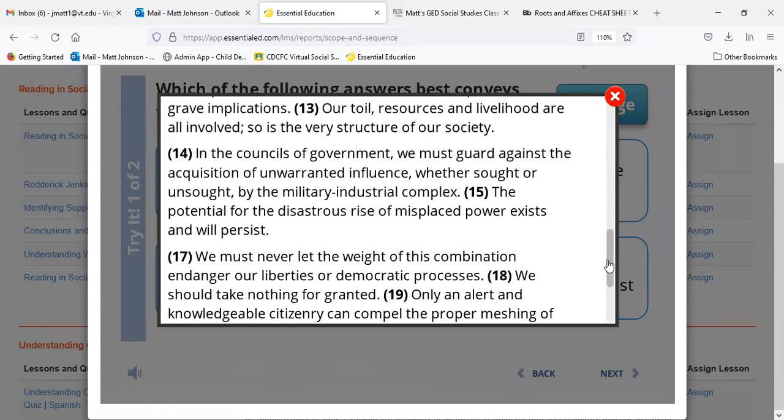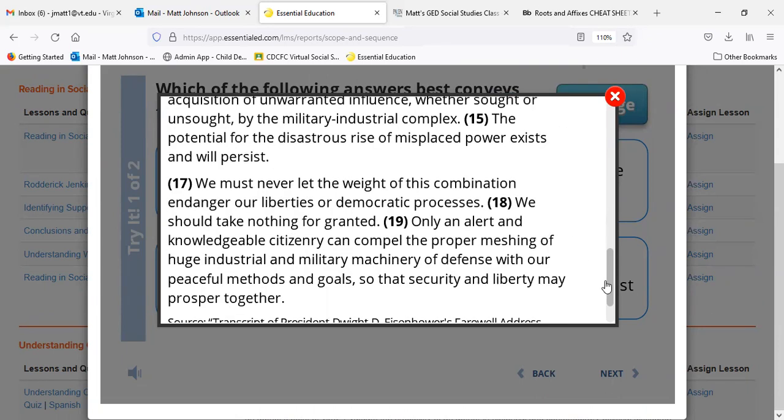In the councils of government, we must guard against the acquisition of unwarranted influence, whether sought or unsought, by the military-industrial complex. The potential for the disastrous rise of misplaced power exists and will persist.